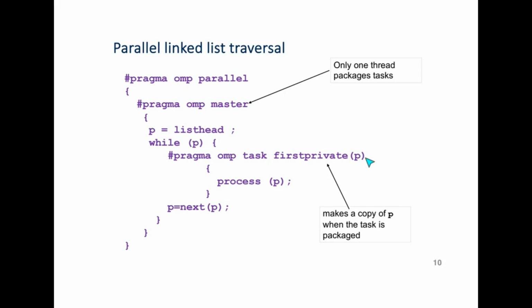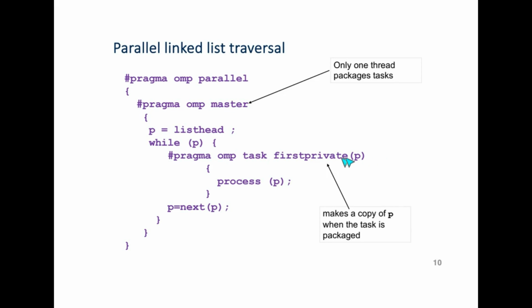Okay, so this is an instance where we need not only the code inside the task, but we also need some data associated with each task. And so what we need is for each task to have a private copy of the pointer, and for that private copy to have the value that it had when the task was generated.